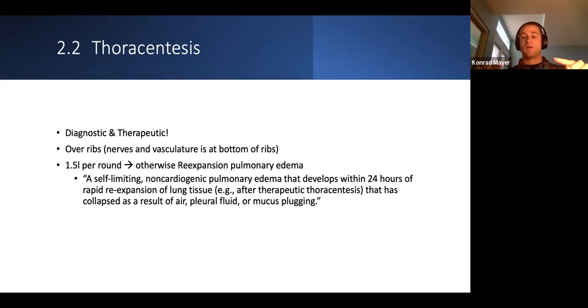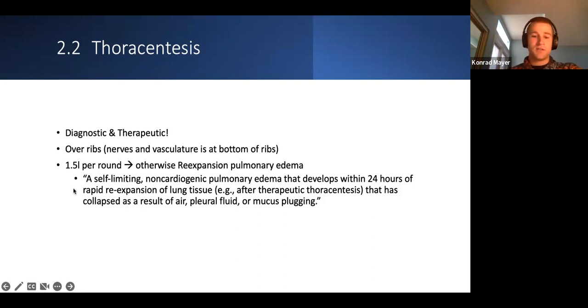So whenever we put in a chest tube or perform thoracentesis, we always take the needle, and I'll demonstrate this right here, we hit the rib and then slide over it to make sure that we're right on top of the rib and not below. Below is the good stuff. We don't want to hit the good stuff because we might cause, for example, a hemothorax. We always want to hit the rib with our needle and slide over it into the pleural cavity.